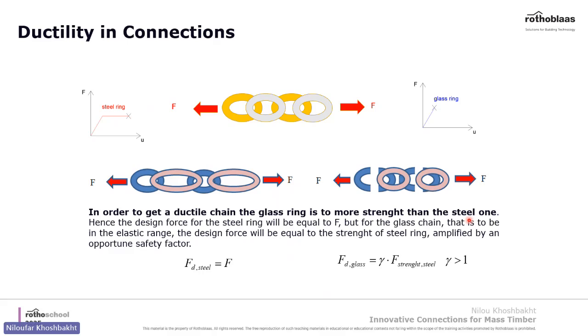This is another example regarding ductility in connections. Let's consider a chain made of steel rings and glass rings.